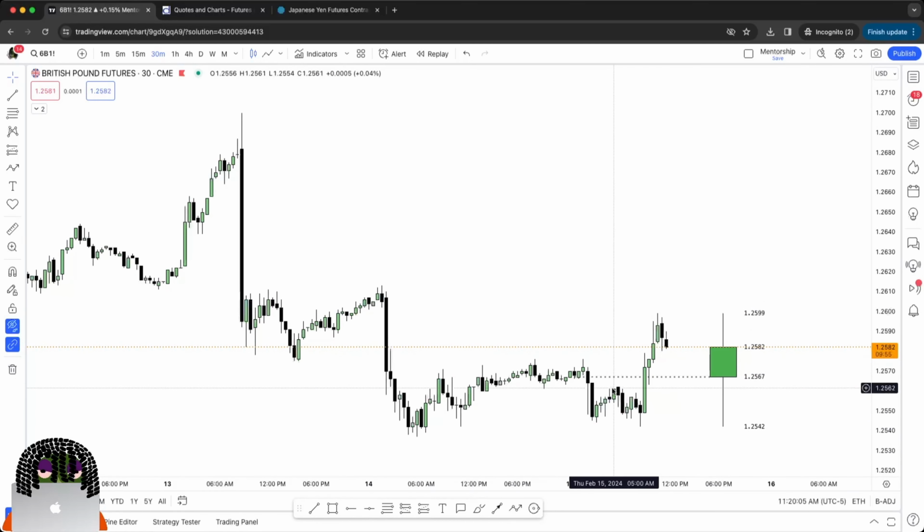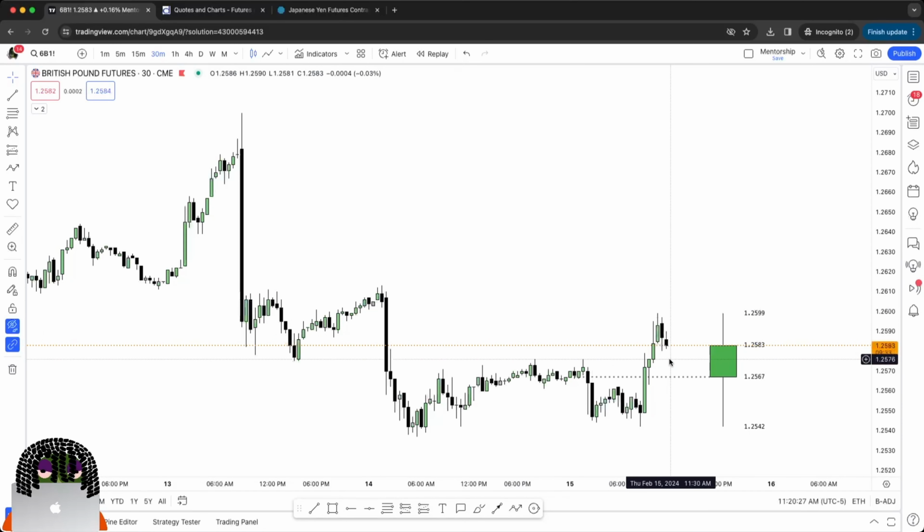But I like it because it still had a market structure shift right here above this candle, and then you can see it clearly ran up here, and it still didn't take out the target that I would like for it to take out yet.